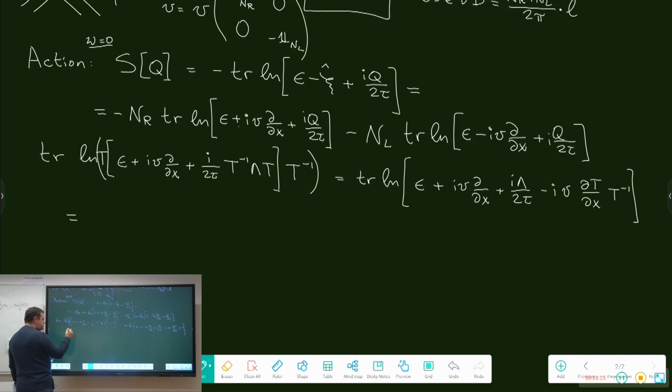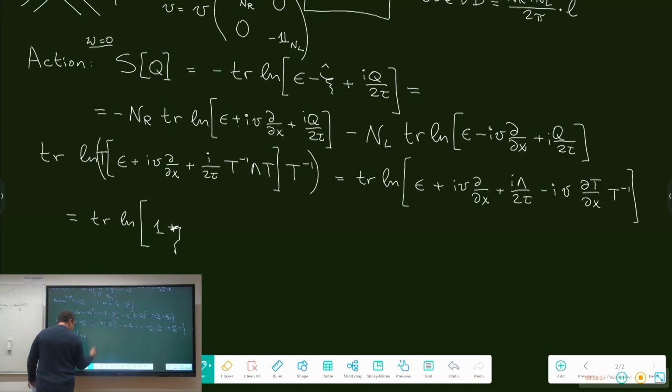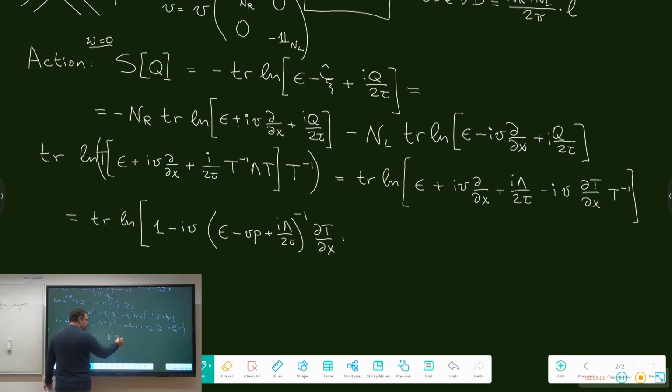So it's some constant times trace logarithm of 1 plus, with minus i v, and then epsilon minus, let me put back the momentum representation, minus v p plus i lambda over 2 tau, inverse, times dT by dx times T inverse.